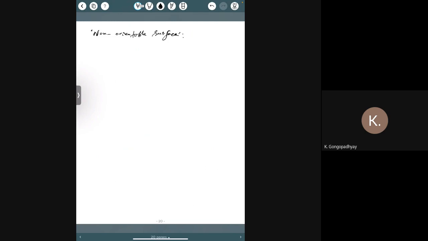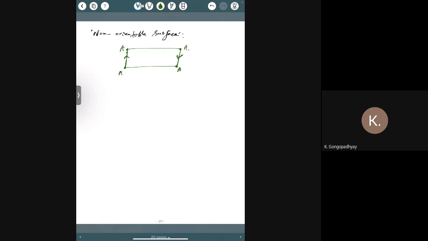So non-orientable surface, how do you get? You start with the same rectangular strip, okay, and then you glue this side with this side in an opposite or orientation reversing manner. That means you take this corner A, you glue it with this corner, and then you glue this corner with that corner.